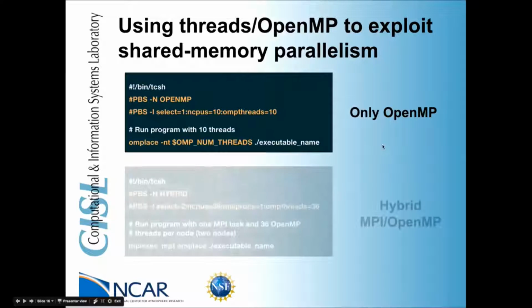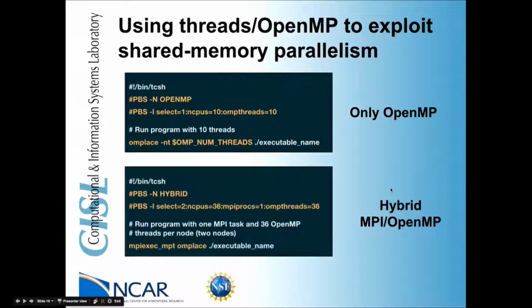Now, if I want to do a hybrid job, that is, again, a case where I'm using both types of parallelism, so shared memory and distributed memory with MPI. In this case, I'm only having one MPI process per node, having 2 nodes, but I'm going to have 36 threads. So I'm using shared memory within the nodes, but then I, of course, need one MPI process per node for the nodes to talk to each other.